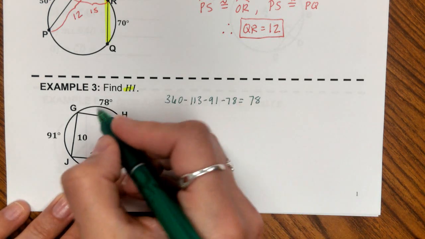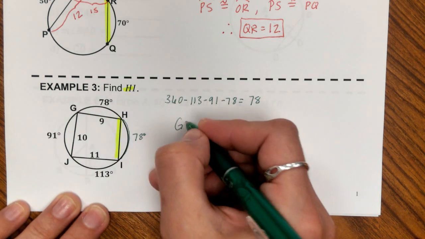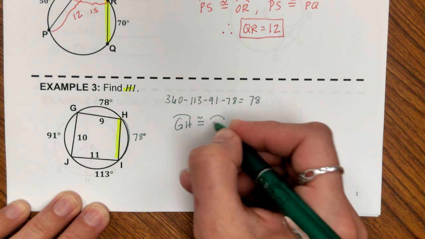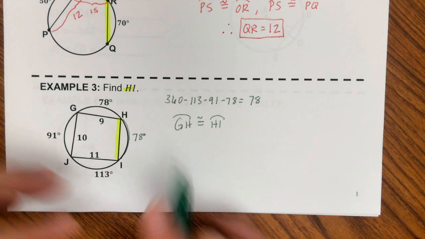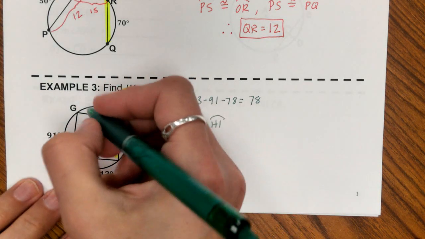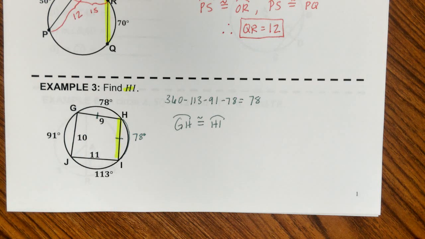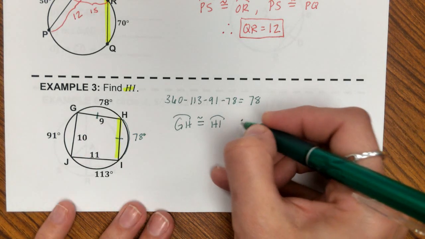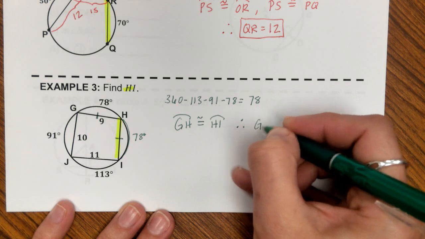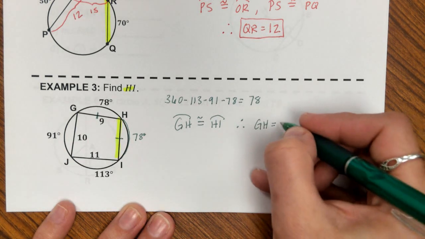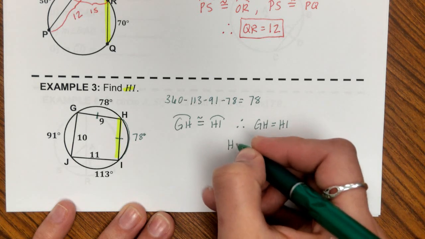And since now we see that arc GH is congruent to arc HI right here, since these two arcs are congruent, that's going to mean that the two corresponding chords will also be congruent. So we'll say, therefore, GH, the length right here, 9, is equal to HI. So HI will be 9.